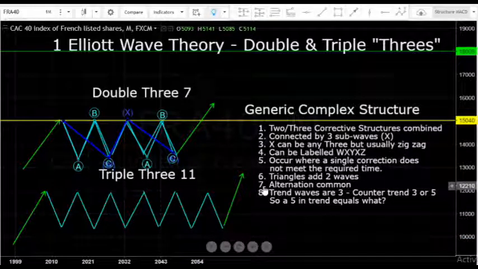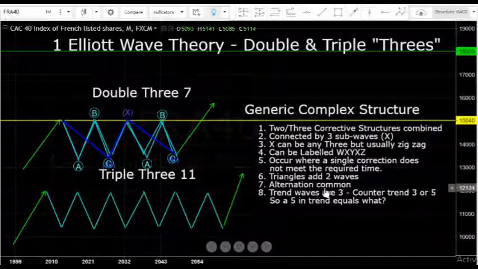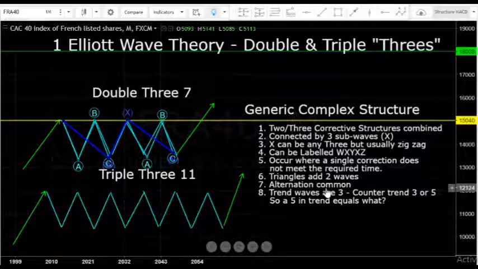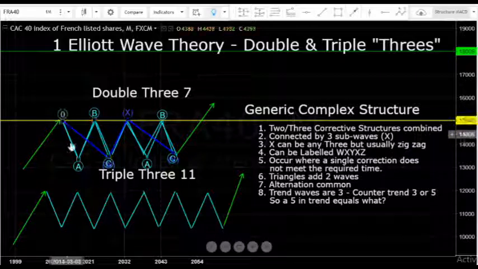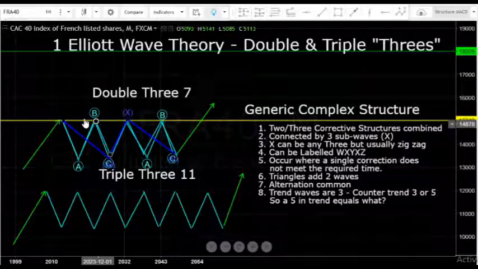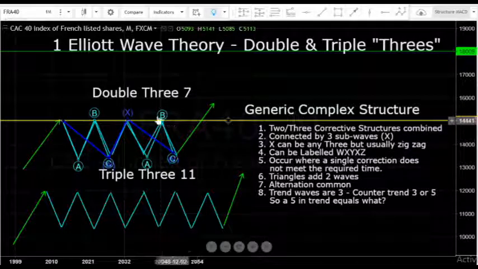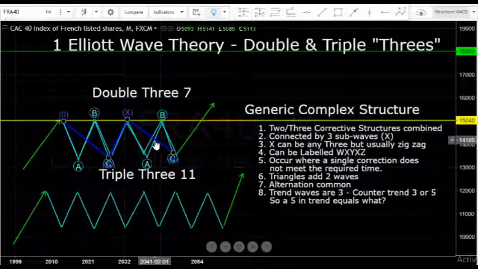Okay, number 7, alternation is common. So what does that mean? Well, alternation is a thing that we haven't discussed yet, and we will look at it in greater detail under Elliott's guidelines in a future video. But let's have a look at it for now. What alternation means is that, generally speaking, if we have one type of corrective structure here, we'll have a different type of corrective structure here.